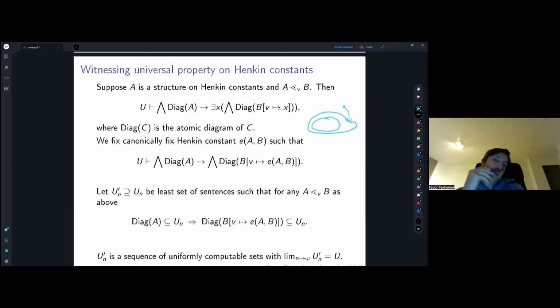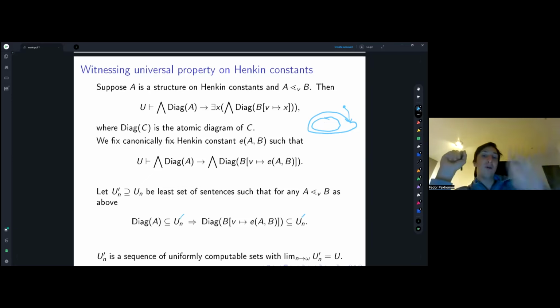Now what I'm doing is looking at the sets UN, and I am closing them under the rule corresponding to this implication. The rule is the following: the UN primes are the least sets of sentences such that whenever the diagram of A is a subset of UN prime, then the diagram of B, doing the same thing as above, having this structure B prime with B replaced with this E of AB, is also a subset of UN prime.